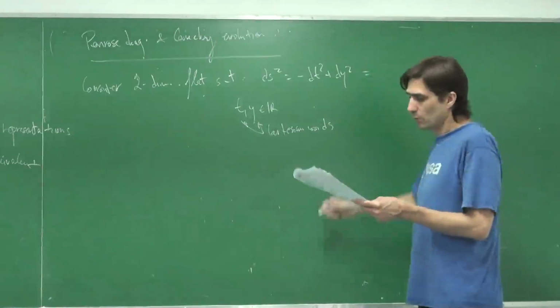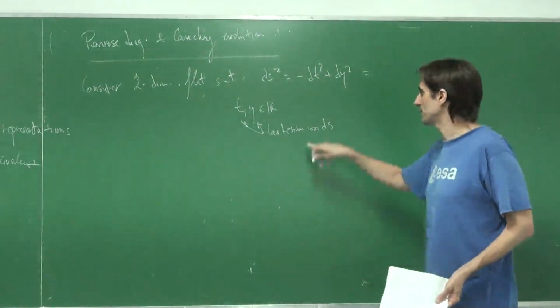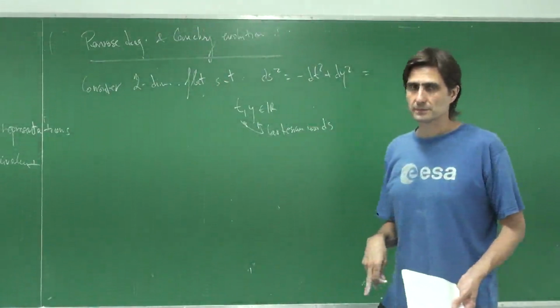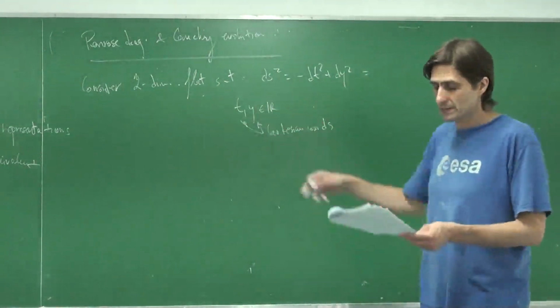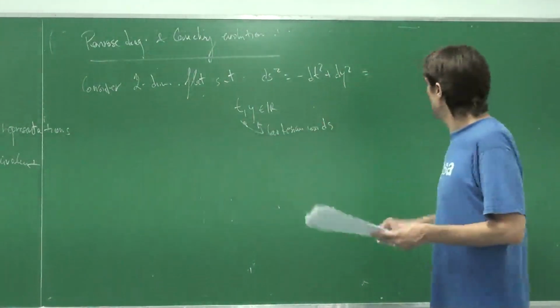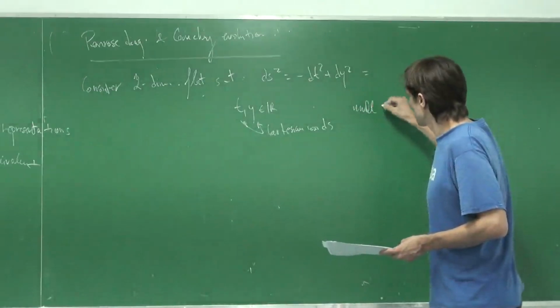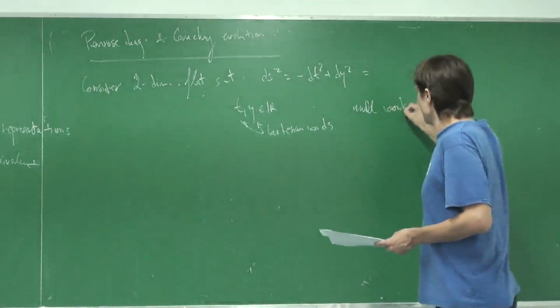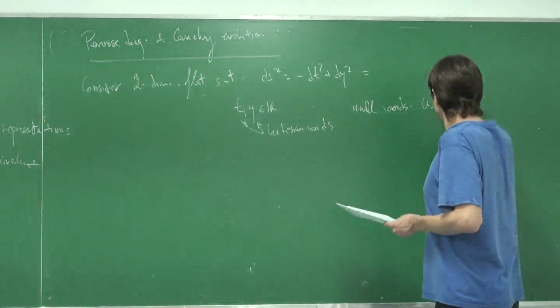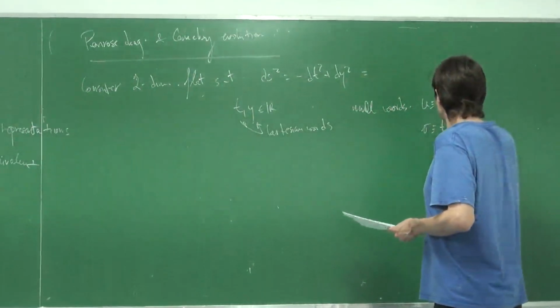Okay, so what are the null coordinates? In flat space-time, the geodesics are just straight lines on the Cartesian plane. So the null coordinates are u equals t minus y and v equals t plus y.